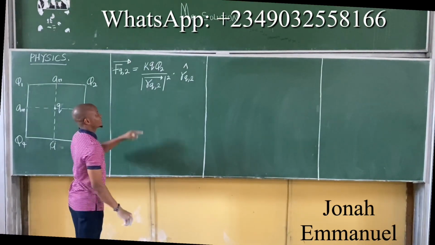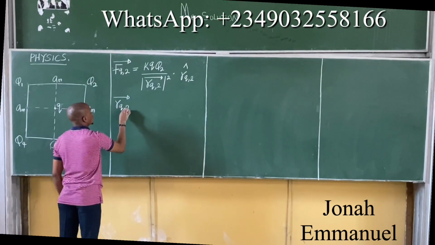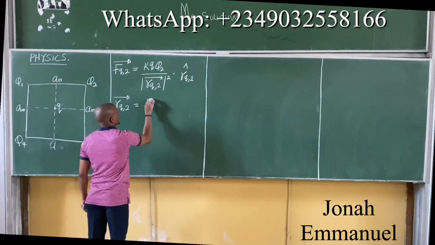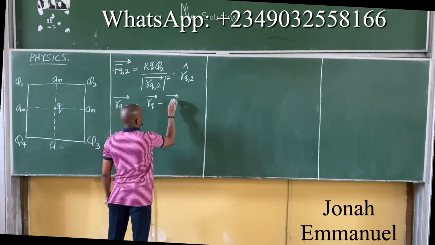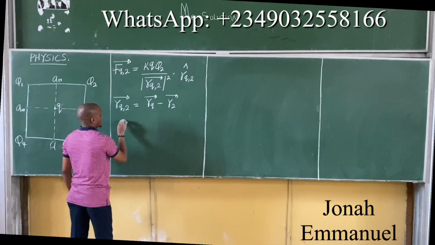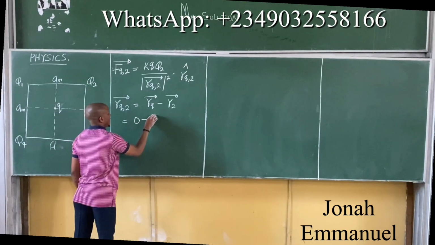Obviously, starting with this, I'll have that rq2 is equal to rq minus r2, and that's now equal to, here's my reference, it becomes 0 minus r2.